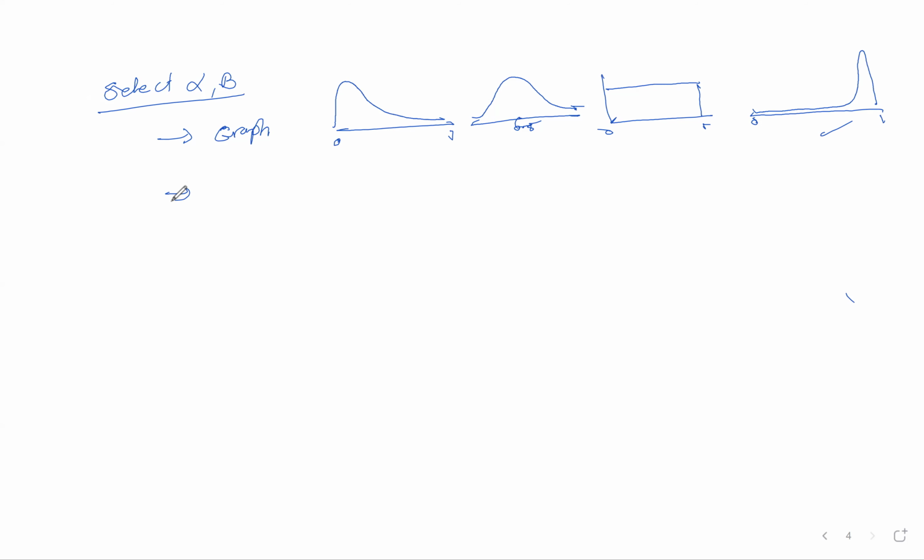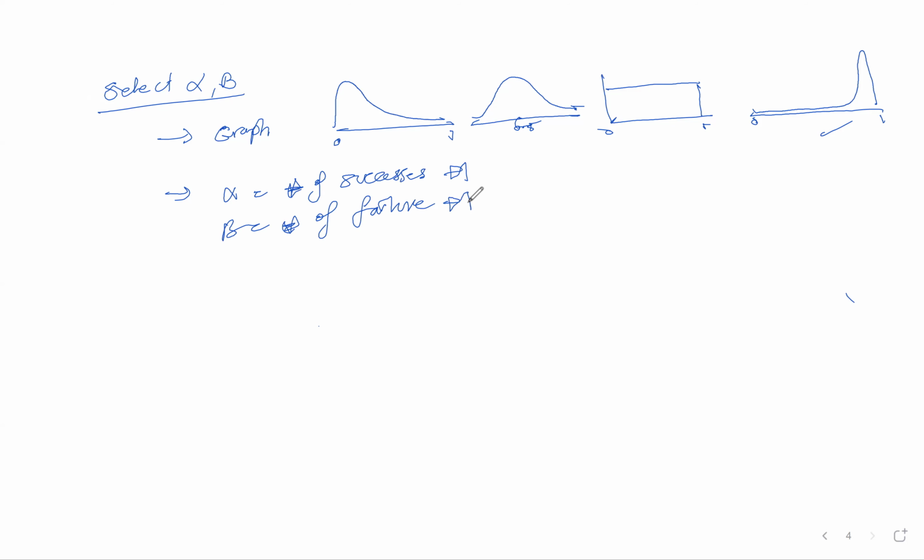In the previous study, the sample size is selected, and there are how many successes and how many failures. So use alpha equal to the number of successes plus 1 and beta equal to the number of failures plus 1.